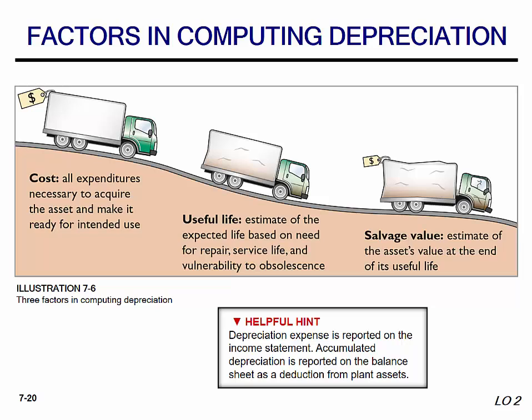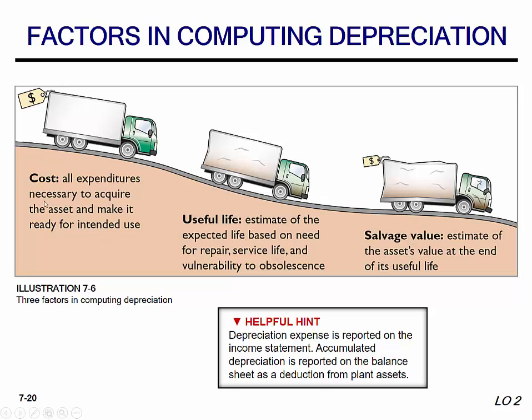And then lastly, we've got salvage value. This is going to be another dollar amount that is going to be given to you in the data set for your homework and for the test and the comprehensive final exam. So you're going to hear me or see me type up in Excel or on a Word document SV for salvage value.